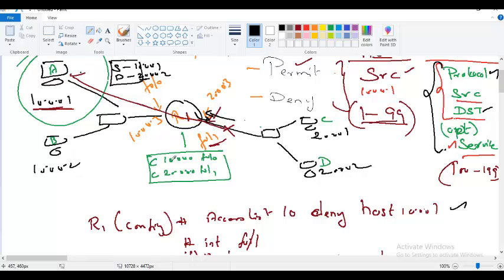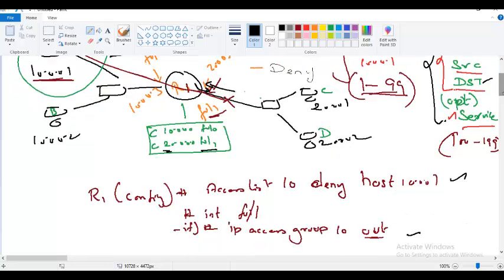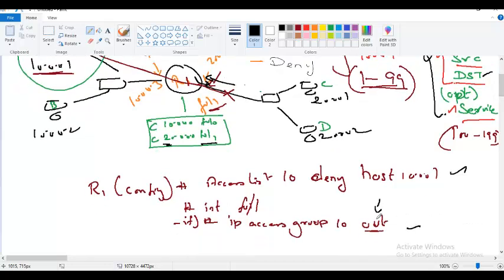F01. But when it is about to send out on F01, it says go and meet access list 10. It goes and meets access list 10. The access list says don't allow. It won't be allowed. Did you understand, all of you?